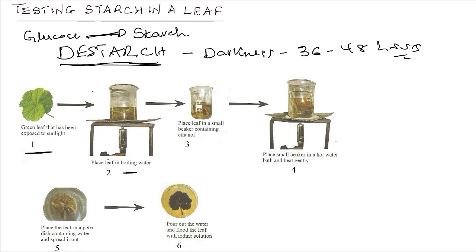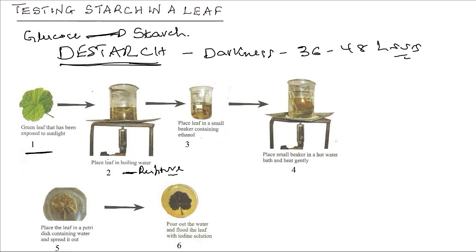This is to kill the protoplasm, that is, to kill the living part, and also stop the process of photosynthesis. In addition, placement in boiling water helps to rupture the starch granules, which makes it easy to test for their presence.